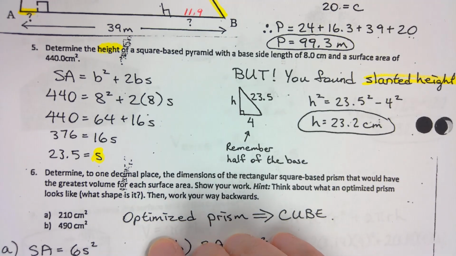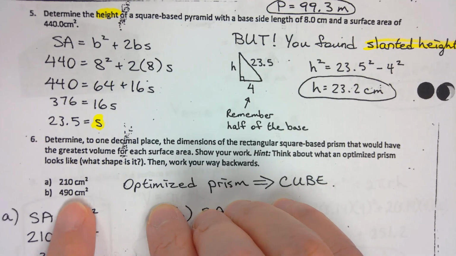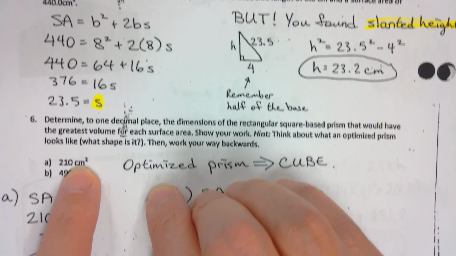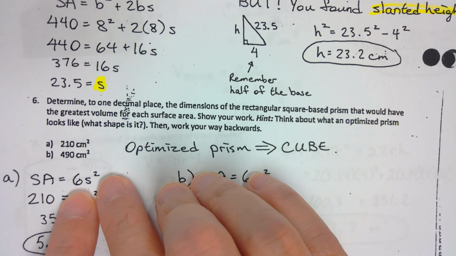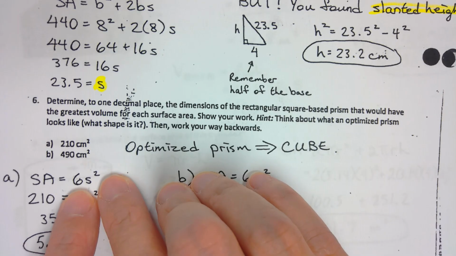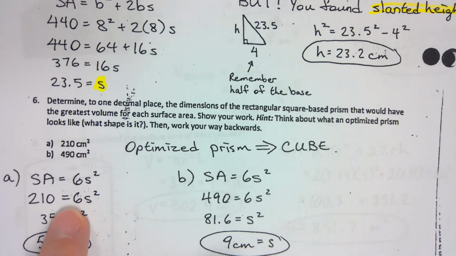Cube. Okay, so you know that you're looking at a cube. So since you're given the surface area of a cube, I'm going to use the surface area formula, which is surface area equals 6s squared. Plug in that 210, divide that by 6, square root it.